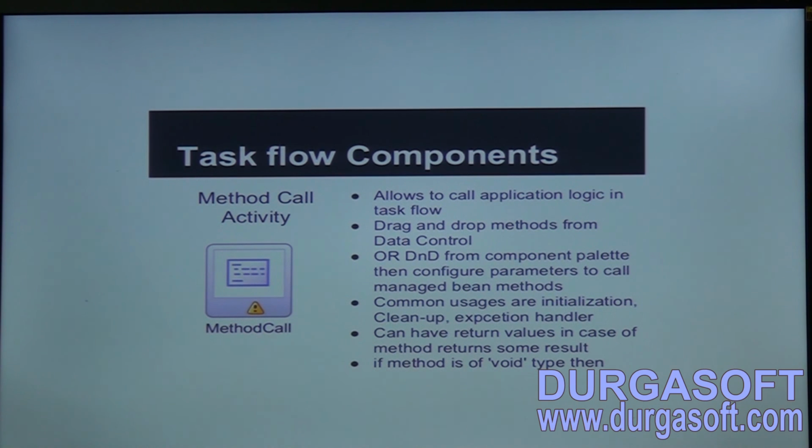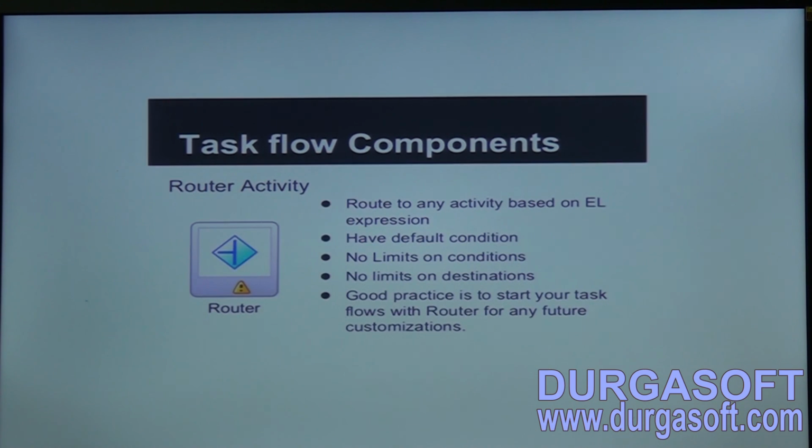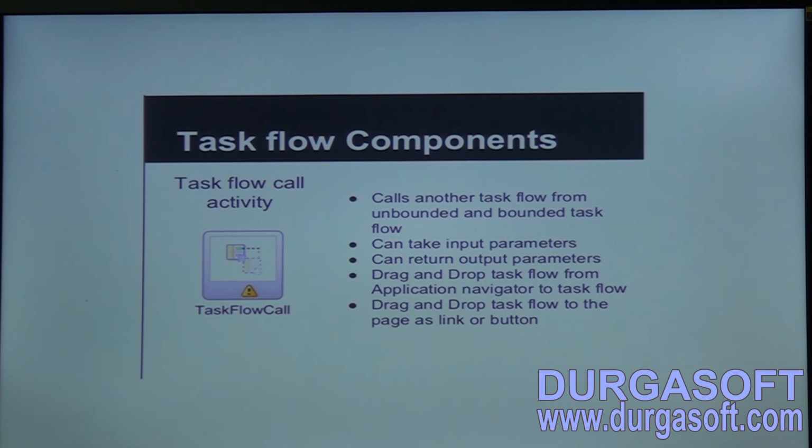Method call. Next one, if you want to implement if-then-else in the task flow, then take what? Router activity. Okay. Next, if you want to call a task flow from another task flow, then take what? Task flow call activity.